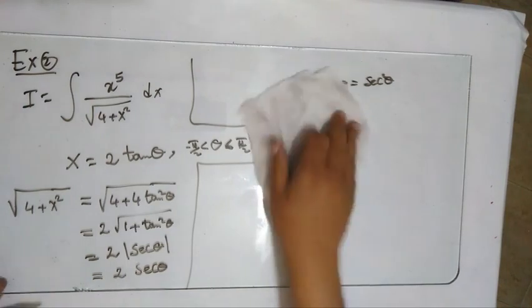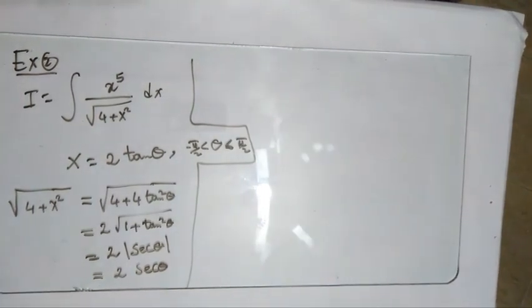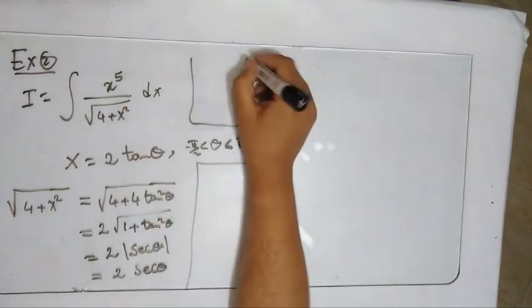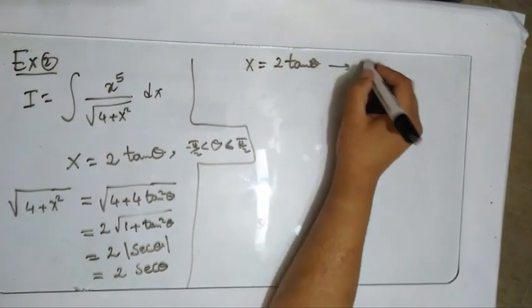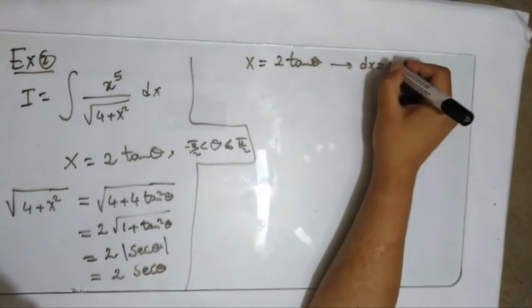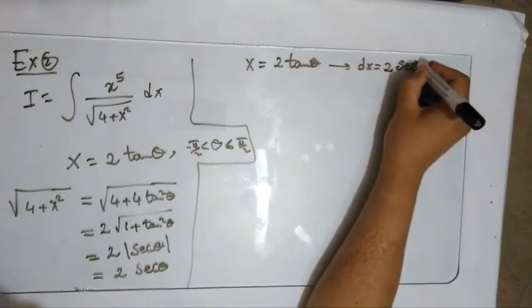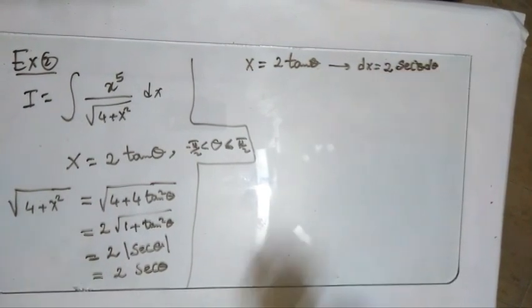Okay, so let's use this substitution to solve this integral. Now you have x equals 2 tan theta, so dx will be 2 sec squared theta d theta.